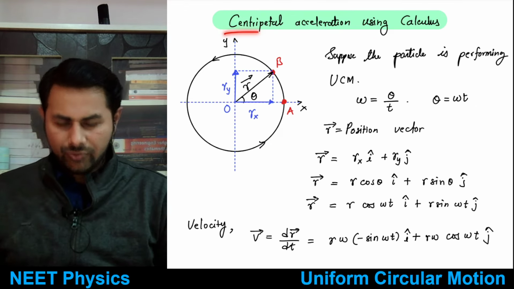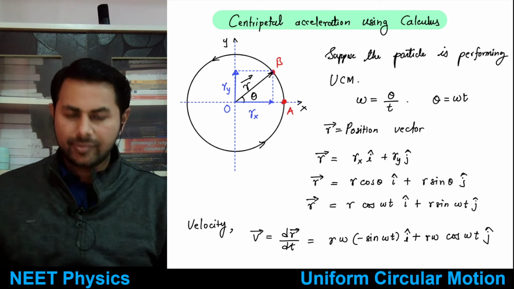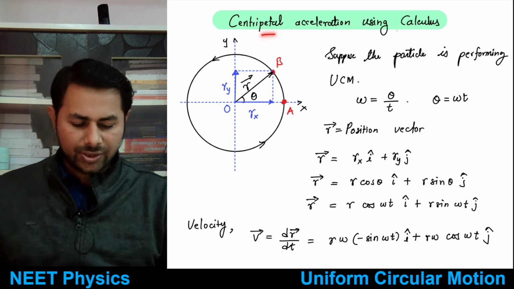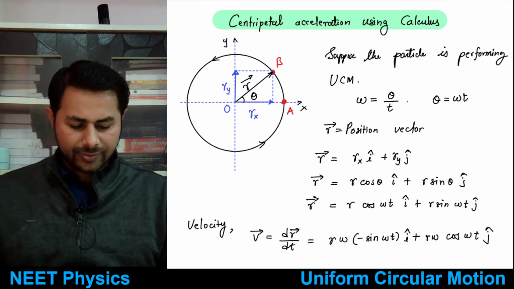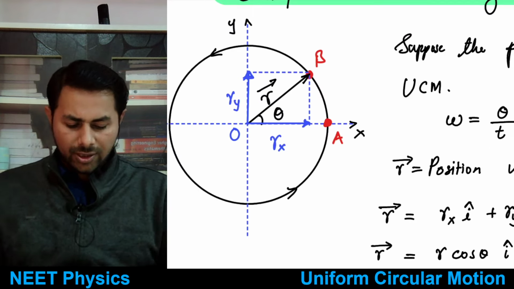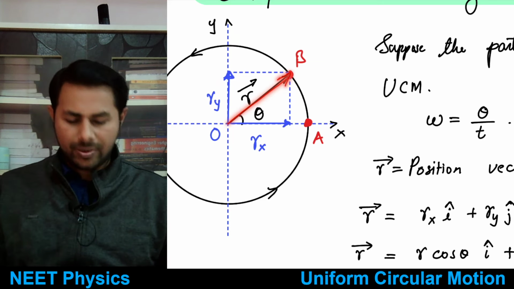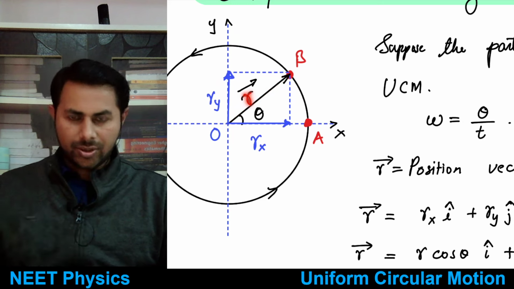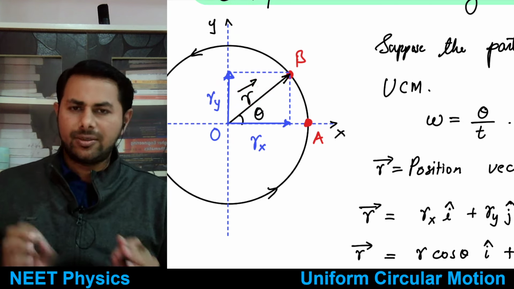Now we have seen what centripetal acceleration is, but we'll talk about another method because there are problems based upon this. So, centripetal acceleration using the calculus method, and this is very, very simple. Suppose the position vector of an object in circular motion is denoted by r bar, and we just want centripetal acceleration.